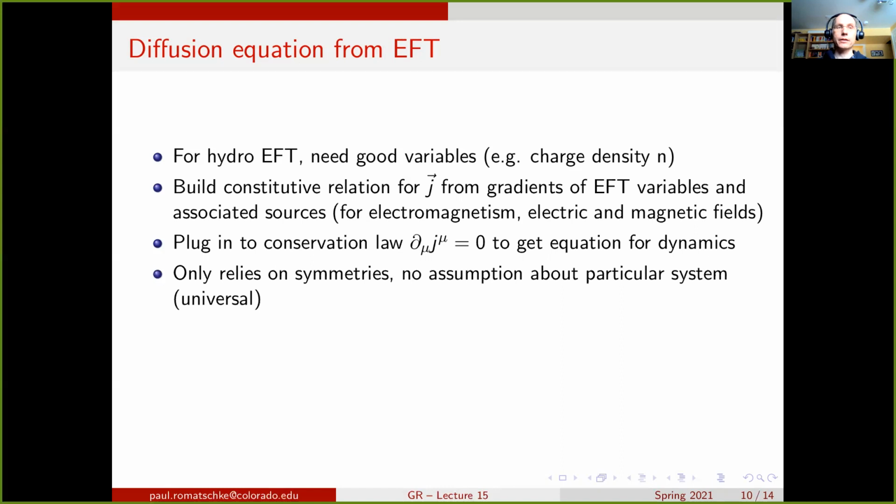Since this setup doesn't rely on any specific microscopic details, it only relies on symmetries, the resulting equation that you get is valid not only for one particular system, but it's universally true. So you get a universal equation that describes a whole class of systems, or basically every system that has a conserved charge in a certain limit.